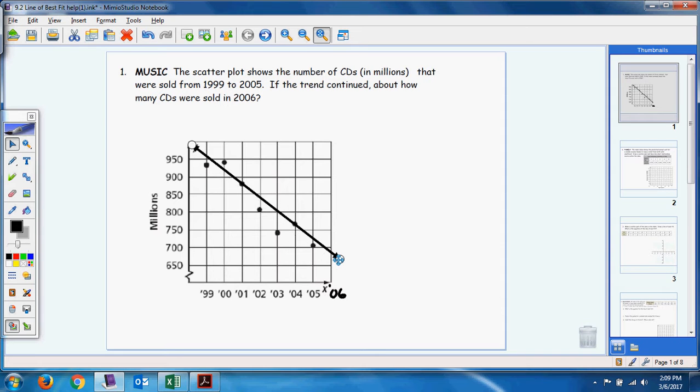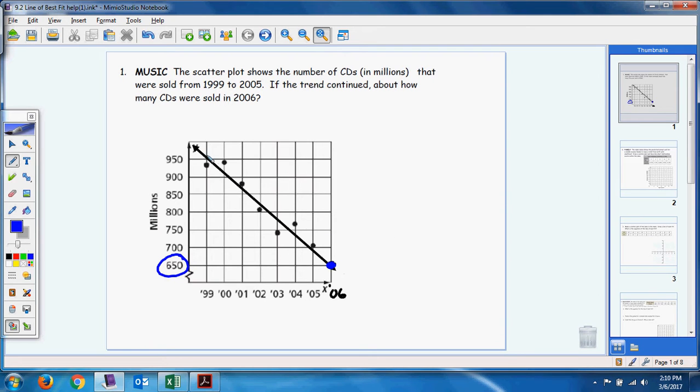Now again, if I could fit everything in the actual line with the dots, then it'd be, of course, a linear equation. But this one is, again, a trend, trying to figure out the trend, which is obviously negative, it's declining. But what is it going to be here? So if it were to continue like this, it appears that in 06 my point would be maybe around here, which would be in the 650 million range.